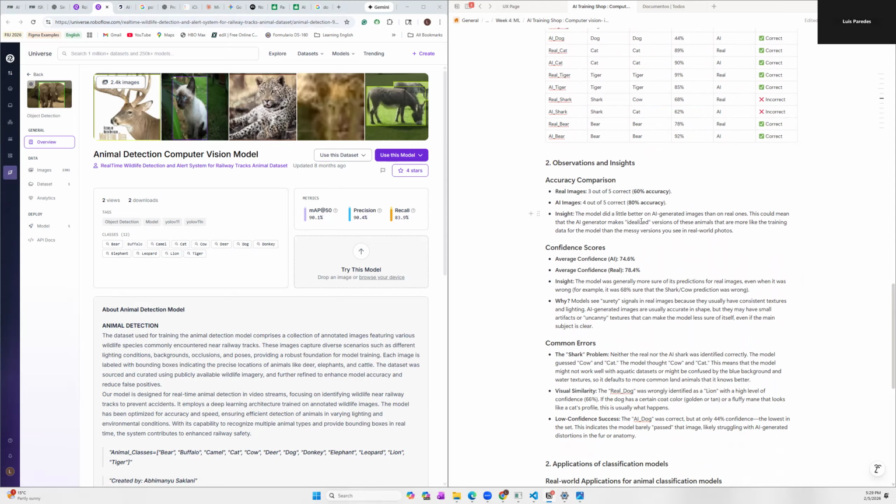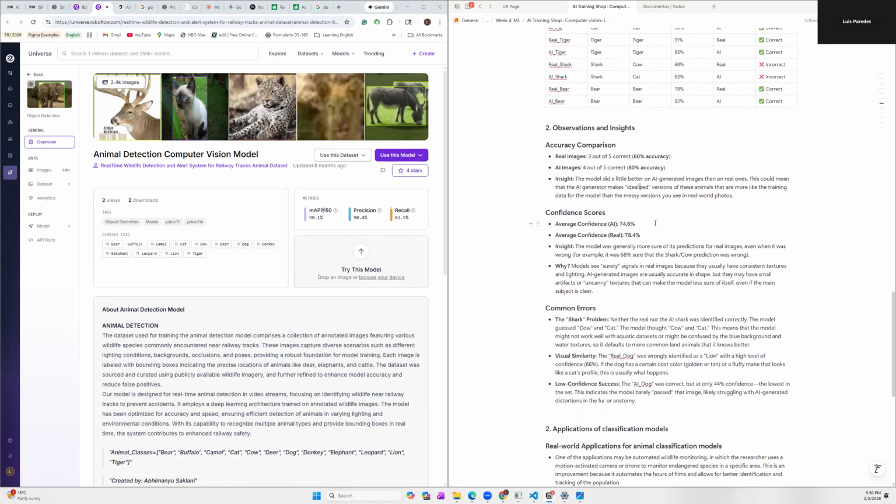So the insight is that the model did better on AI-generated images than on real ones. This could mean that the AI generator makes idealized versions of these animals that are more like the training data for the model than the messy versions you see in real-world pictures.